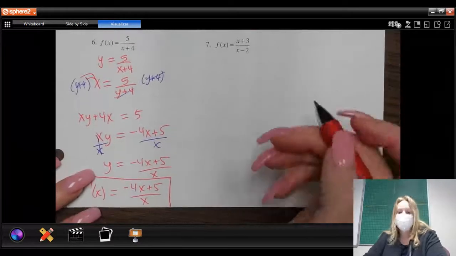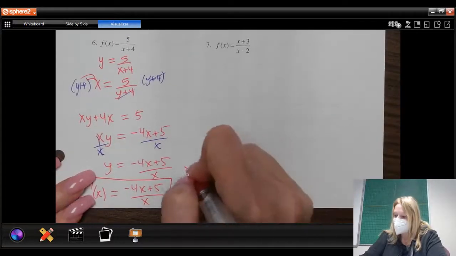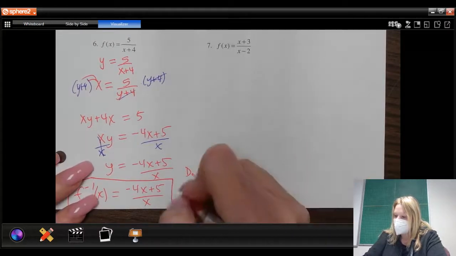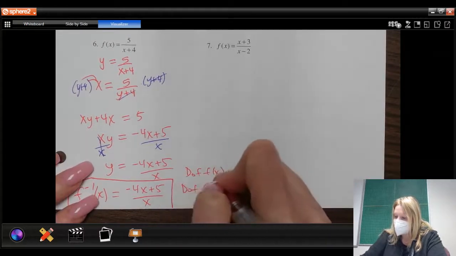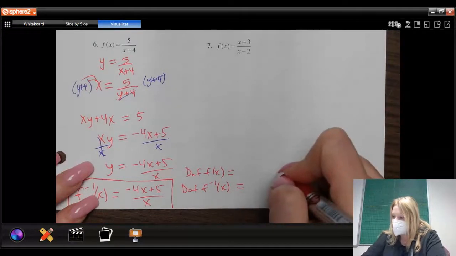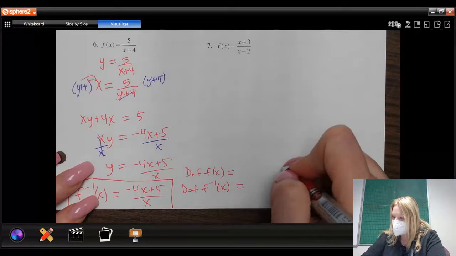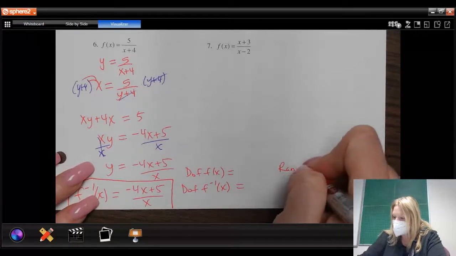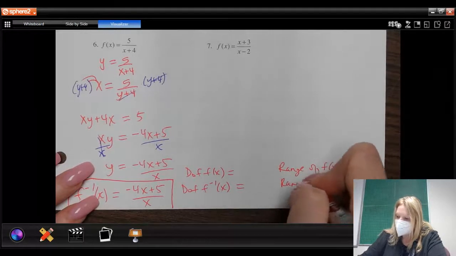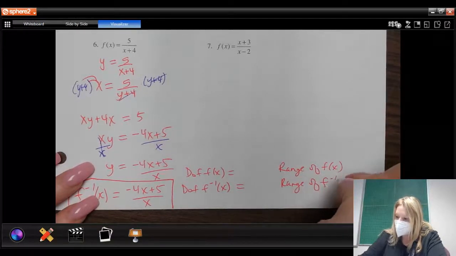Now, as far as domain, so domain of f of x, domain of f to the -1 of x. Then here we're going to have the range of f of x and range of f to the -1 of x.